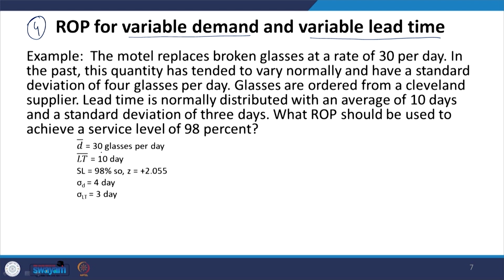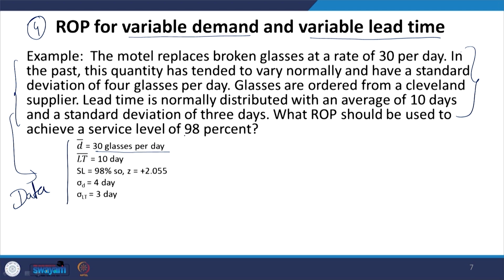If you read this text, we have simplified the data. Whatever data is available in the text we have tabulated separately. So, the average demand is 30 glasses per day, therefore, there is a bar sign over D. Average lead time is 10 days. So, therefore, a bar is on LT also.